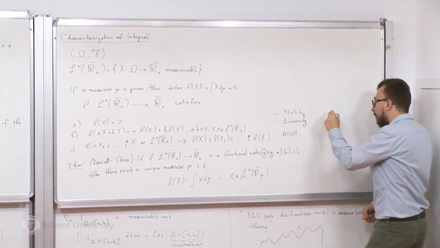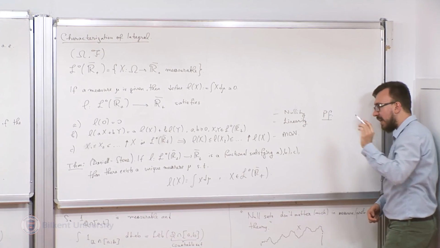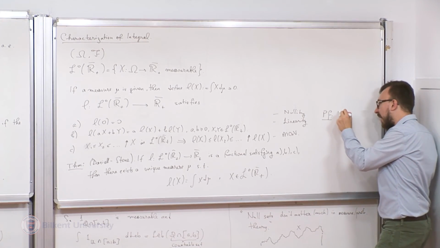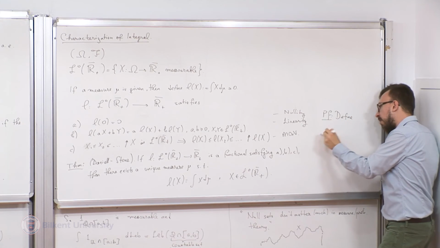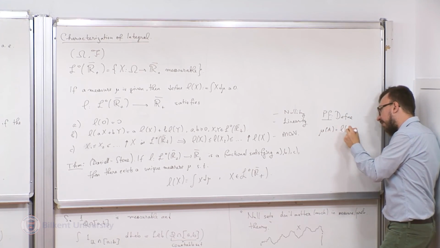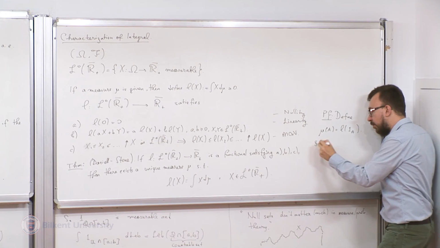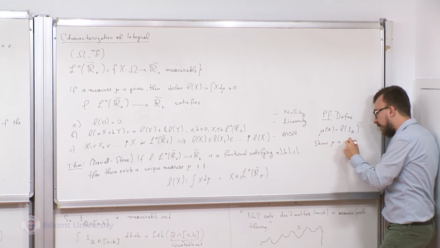So I'm going to skip the proof, but the idea is very simple. Just define mu of A as L of the indicator of A, then show mu is a measure.